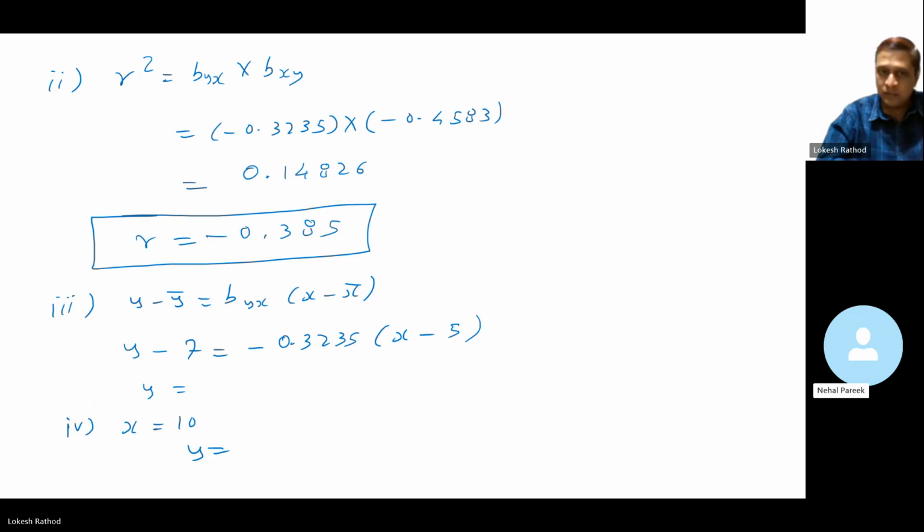The equation for the third one, I got y is equal to 8.6175 minus 0.3235x. Okay, fine.